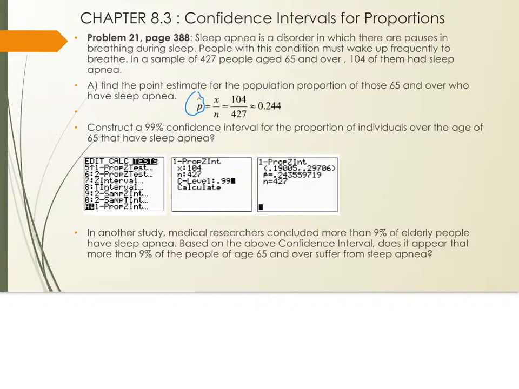We now want to construct a 99% confidence interval for the proportion of individuals over the age of 65 that have sleep apnea. If we use our calculator, we hit the stats key and we move over to test, and then we move our cursor down and we pick option 1 prop z interval, which is option A on the calculator, and then we hit enter.